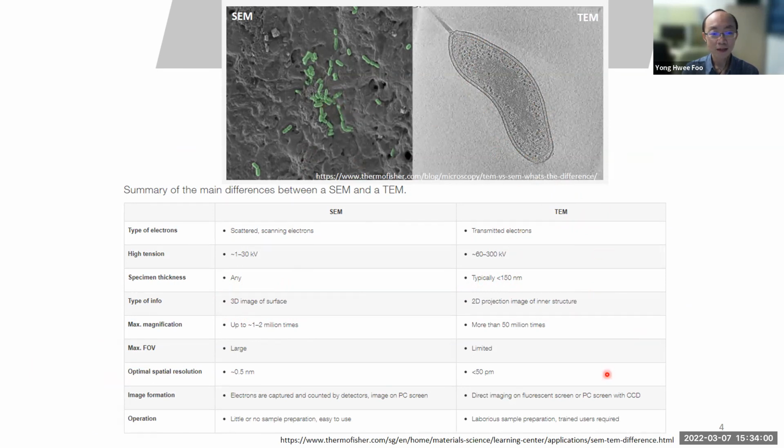And the magnification for TEM is obviously very much larger than the SEM, as well as the resolution. So TEM is usually used for high resolution imaging, whereas SEM is typically used to look at the surfaces of your sample or specimen.